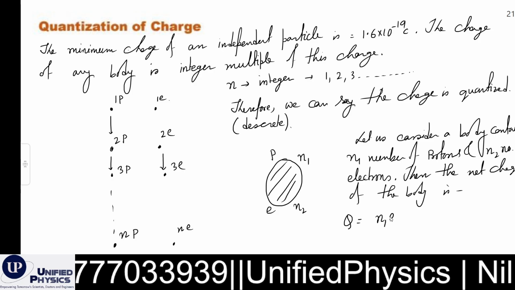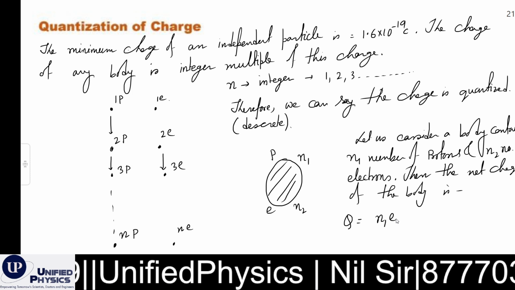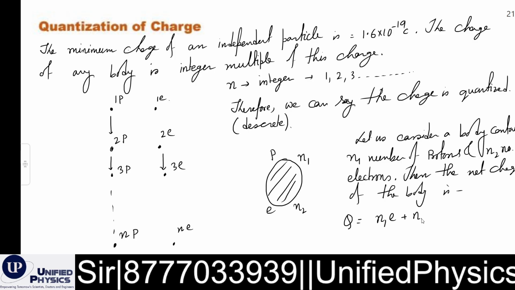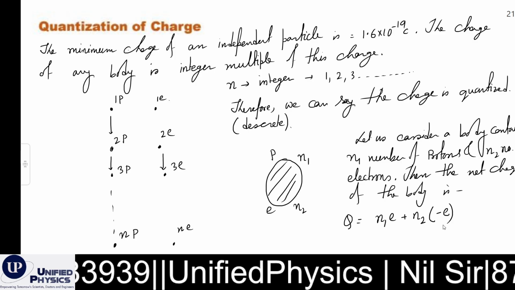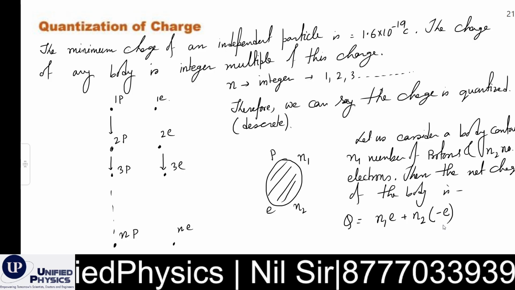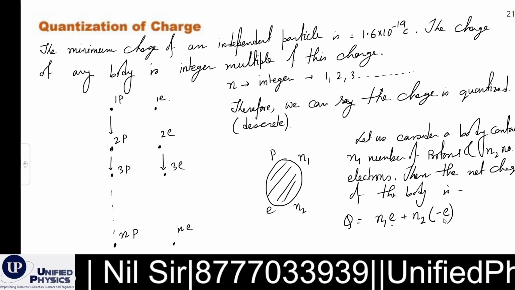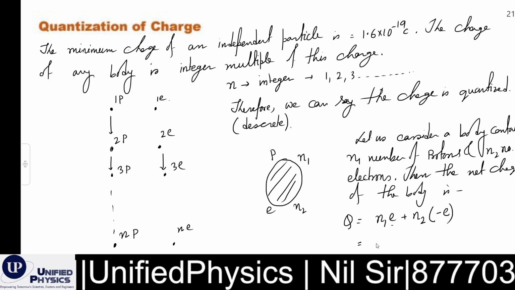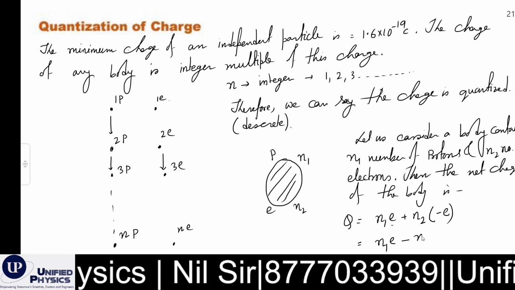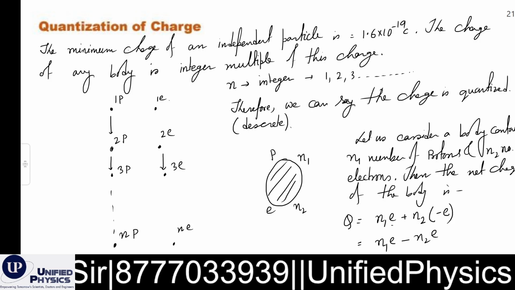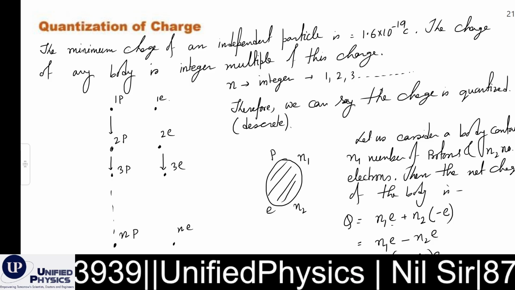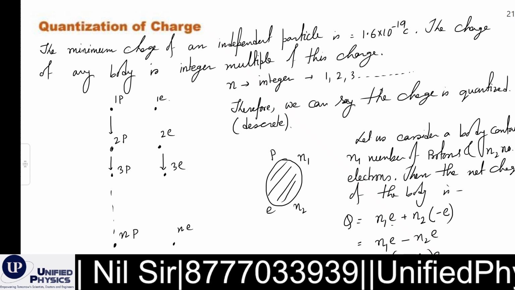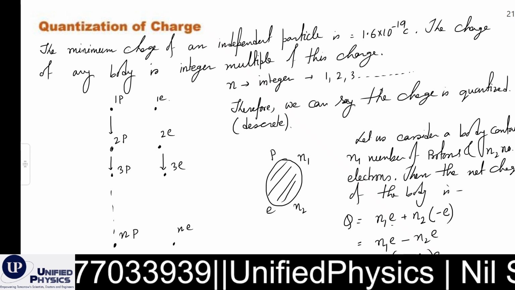Proton charge we write with E, right? You can write with Q, you can also write with E, we are writing with E. Plus n2 number of electrons, and electron is nothing but minus E. So if we write proton as E, the electron charge is negative, so that's why we write it as negative. So basically n1 e minus n2 e, so (n1 minus n2) into e. Okay, so the body will be positively charged or negatively charged, it will depend on the value of n1 and n2.